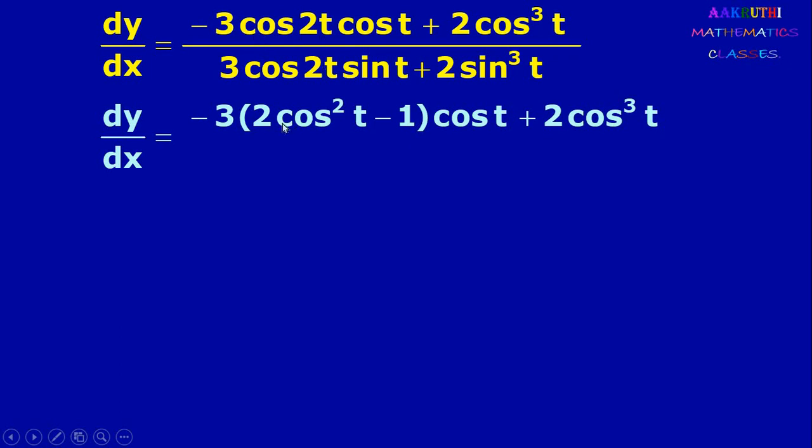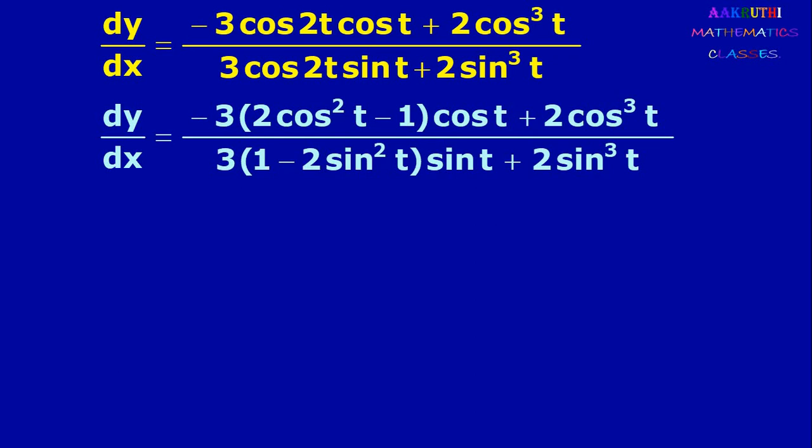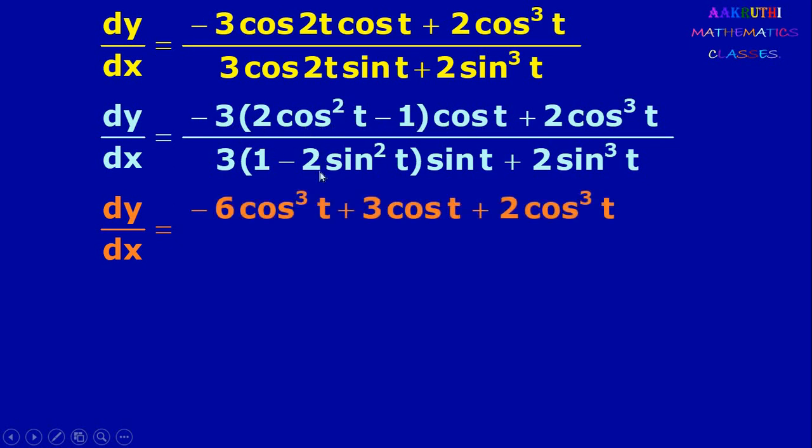Write cos t as it is plus 2 cos cube t as it is. In the denominator, write cos 2t in terms of sin t. So we can write 3 into cos 2t as 1 minus 2 sin square t. Write sin t as it is and plus 2 sin cube t. We can multiply this and simplify. We get dy by dx equal to minus 3 into 2 cos square t cos t, which is minus 6 cos cube t.